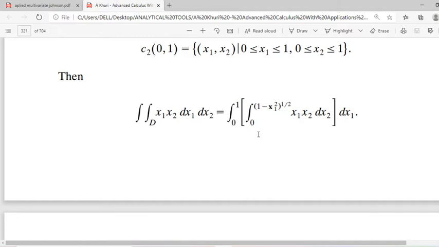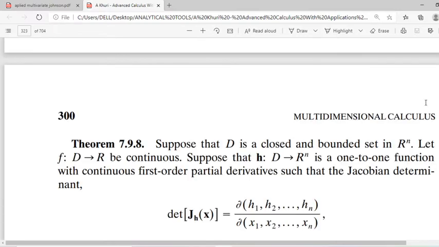So this is the step involved in computing the integral from 0 to root of 1 minus x1 square of 2 x1 x2 dx2, with x1 moved from 0 to 1.